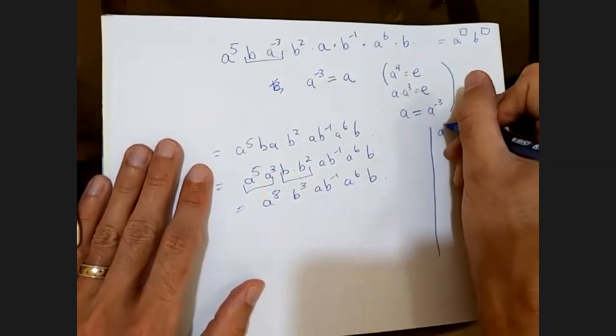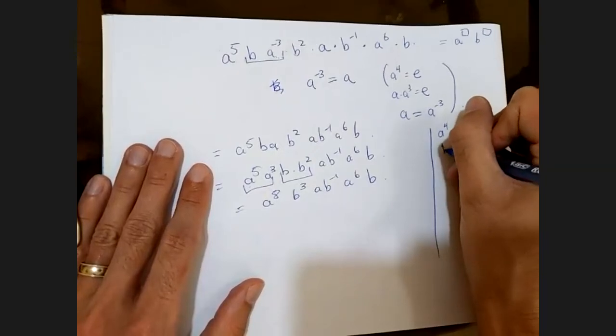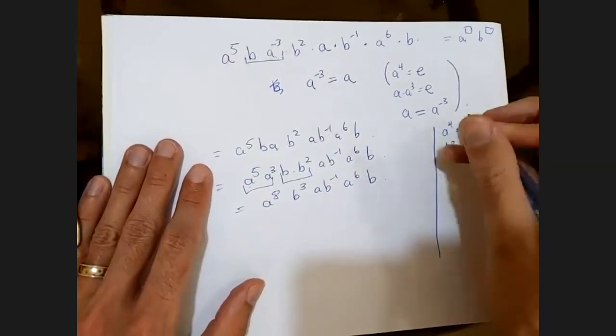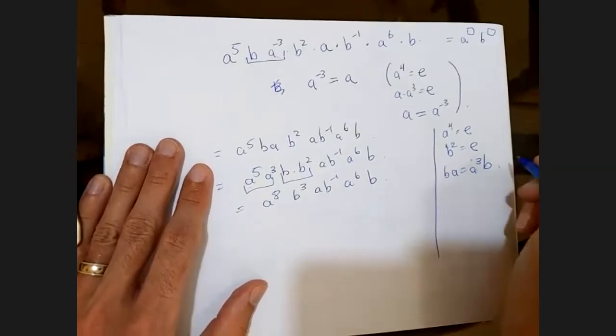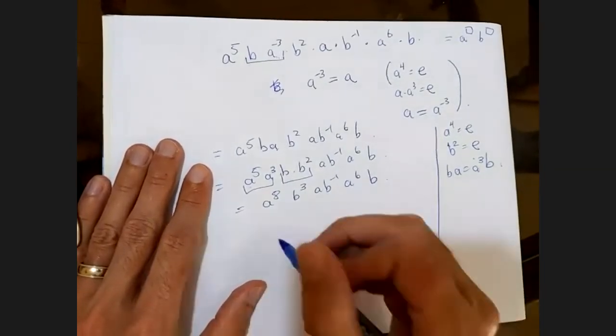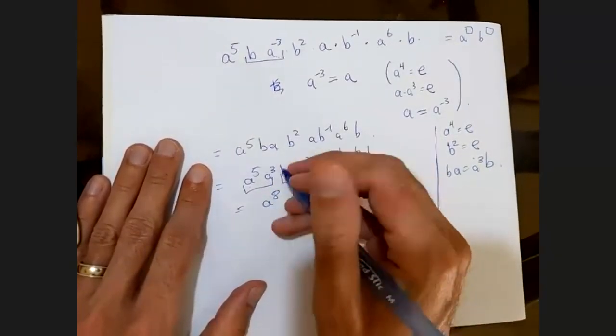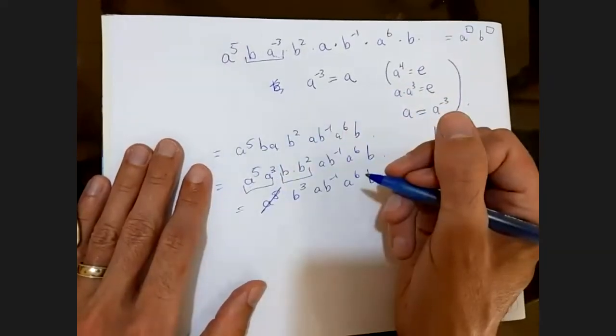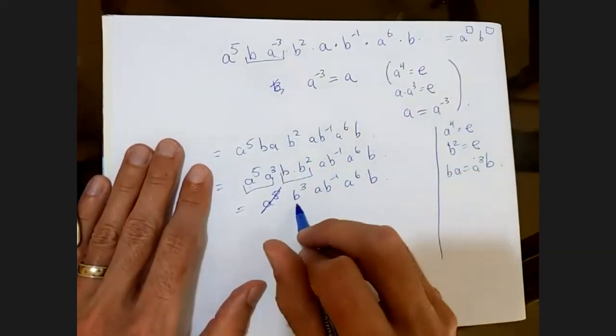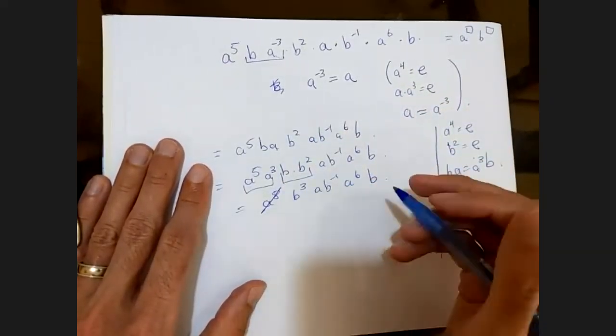I have the relation A to the 4th is e, B squared is the identity, and I have BA equals A cubed B. So if A to the 4th is the identity, then A to the 8th is A to the 4th squared. So that's just the identity. B squared is the identity, so B cubed is just B.